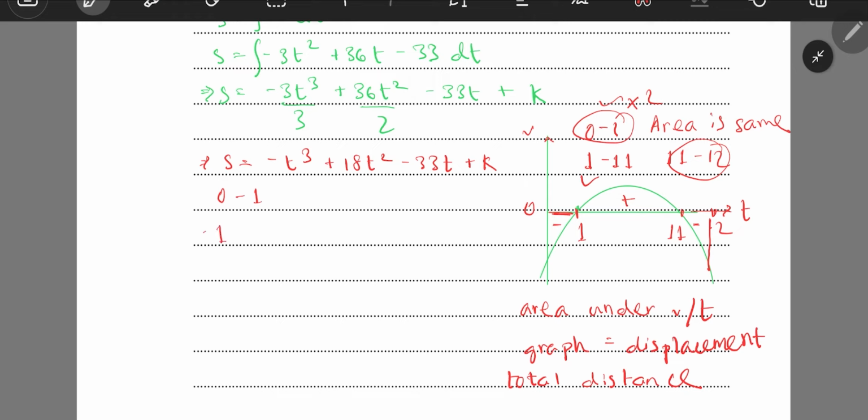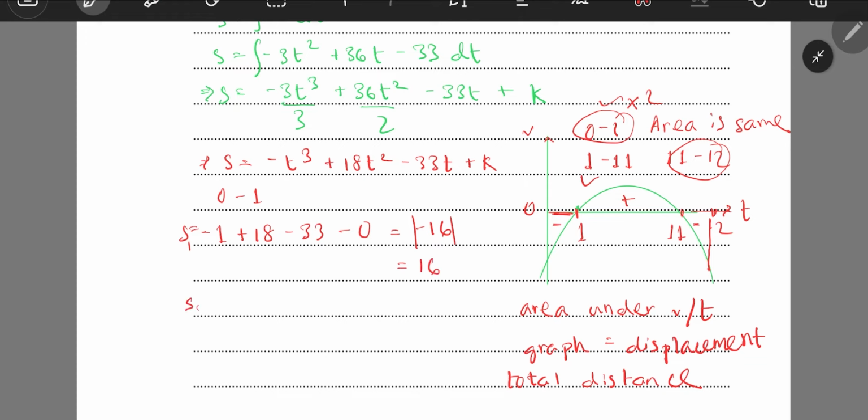So minus 1 plus 18 minus 33, and a minus 0 just for the sake of it. So this s, let's consider it s1, equals minus 1 plus 18 minus 33, which is negative and expected according to our graph. But we'll consider it as a modulus and take it as 16.